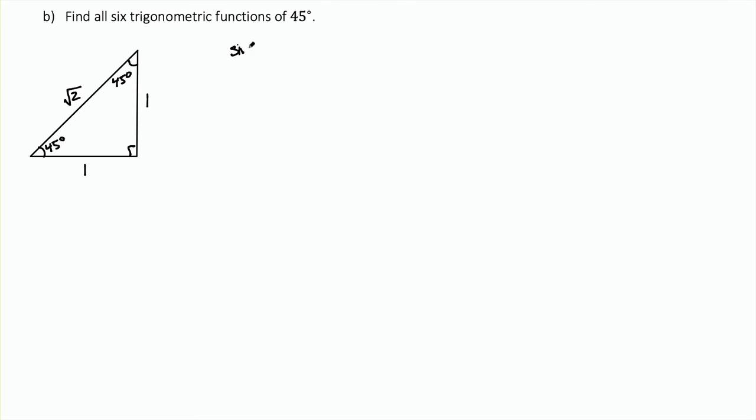So for our 6 trigonometric functions, sine is opposite over hypotenuse. We're doing this relative to 45 degrees, which is either one of these. We could pick either one to label our sides as opposite, adjacent, and hypotenuse. I'm going to use this one down here. So here's our opposite, our adjacent, and our hypotenuse. So opposite over hypotenuse is 1 over root 2.